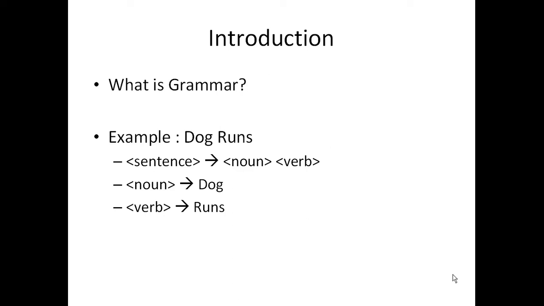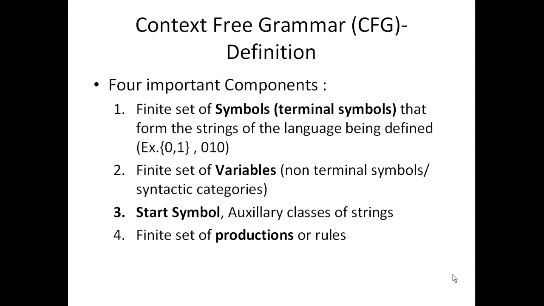Sentence is equal to noun followed by verb, where noun is the dog in this case and verb is the runs in this case. There are many rules like this in the language, and these rules collectively are called the grammar for the language. Now let us see the formal definition of the context-free grammar.